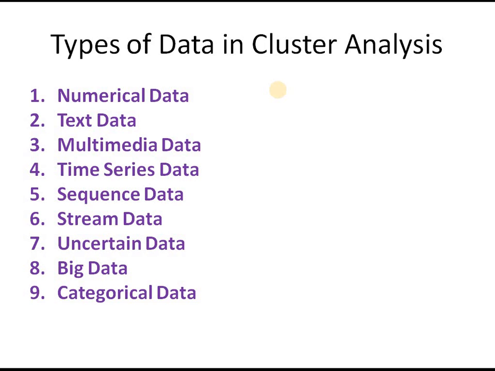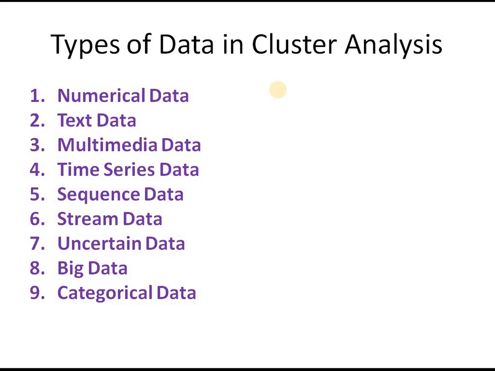Now let's move to the types of data in cluster analysis. If we are going to discuss cluster analysis and data mining, we should think about the data: how many types of data are used in cluster analysis?